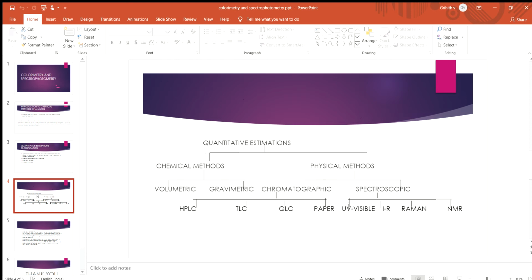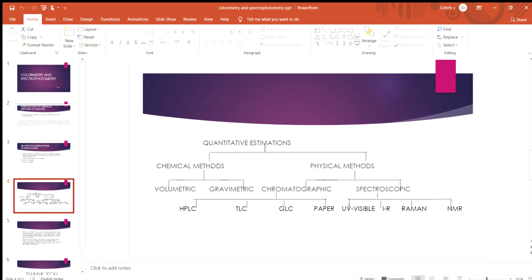So first we'll be determining the volume, that is the volume which we'll be taking from the burette. So for this volumetric analysis, we'll be using burette and conical flask. So we'll be taking reading from the burette, that is volume. From that we'll determine the molarity of the known solution.